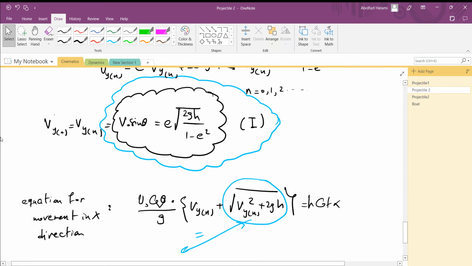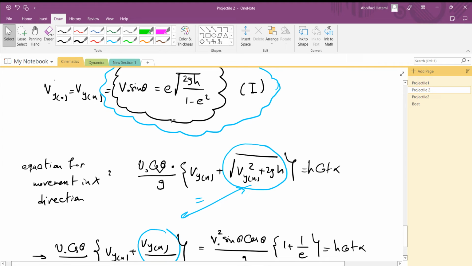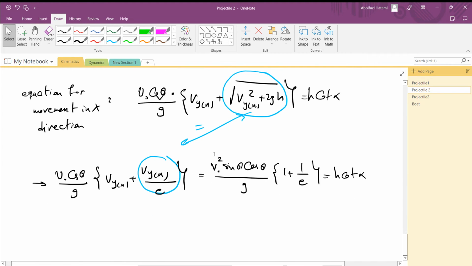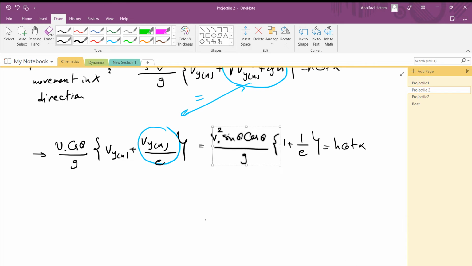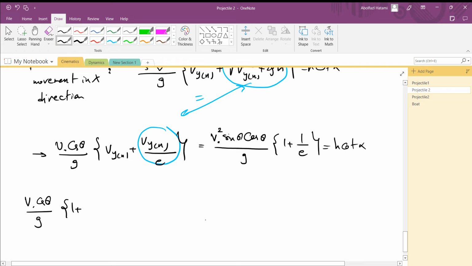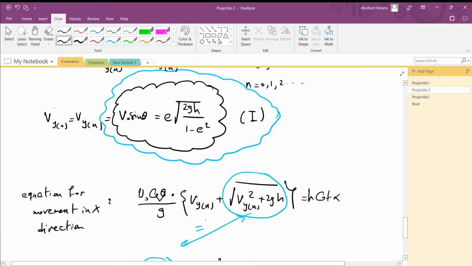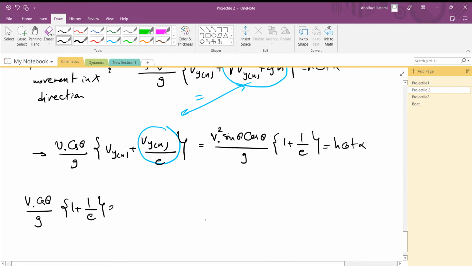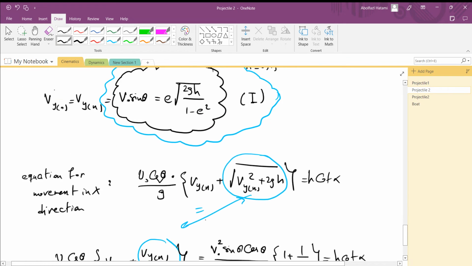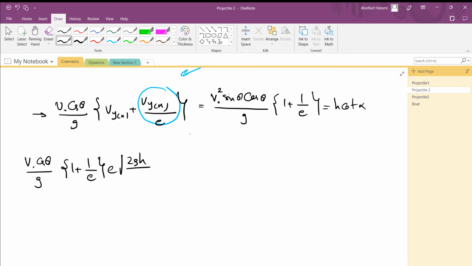If I substitute the I equation into this equation, I can understand that V0 squared, V0 cosine of theta over g, multiplied by 1 plus 1 over e times V0 sine of theta, which is e radical 2gh over 1 minus e squared, is going to be h cotangent of alpha.